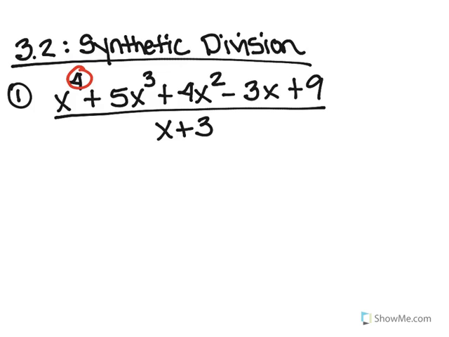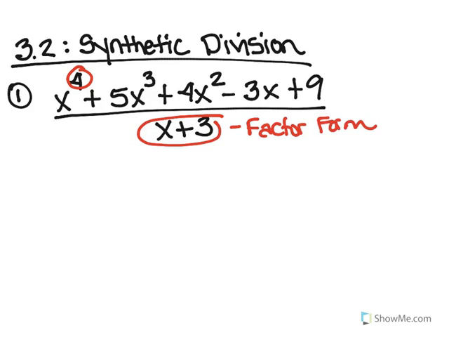Now, I want to know if x plus 3 is one of the factor forms of the 4 answers. So I'm wanting to know if negative 3 is an answer. Now, make sure you are listening to what I'm saying. X plus 3 is the factor form.